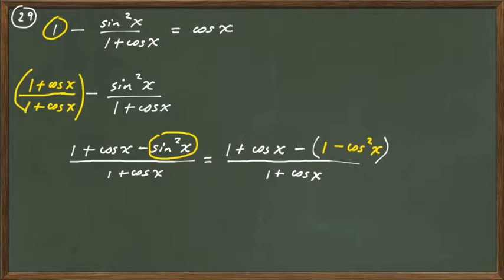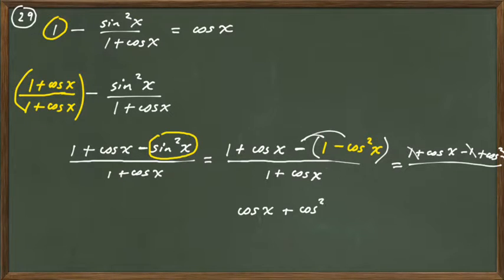Hopefully it is. So let's clean this top up. 1 plus cosine minus (1 minus cosine squared). 1 and negative 1 will add to 0, leaving me cosine plus cosine squared.